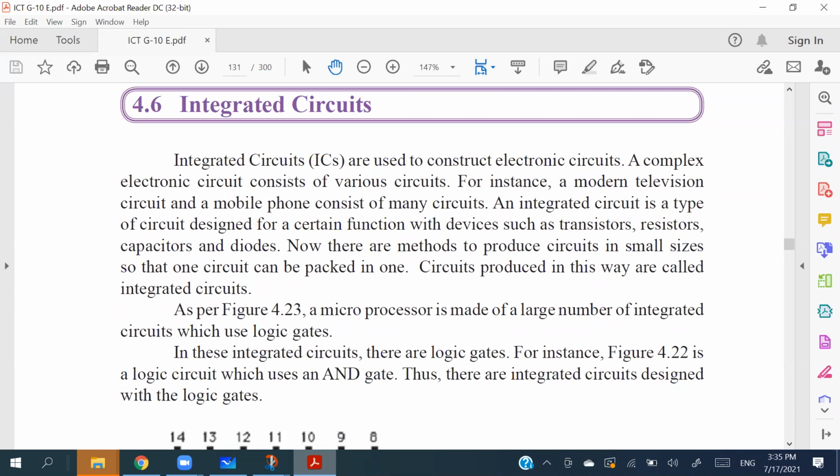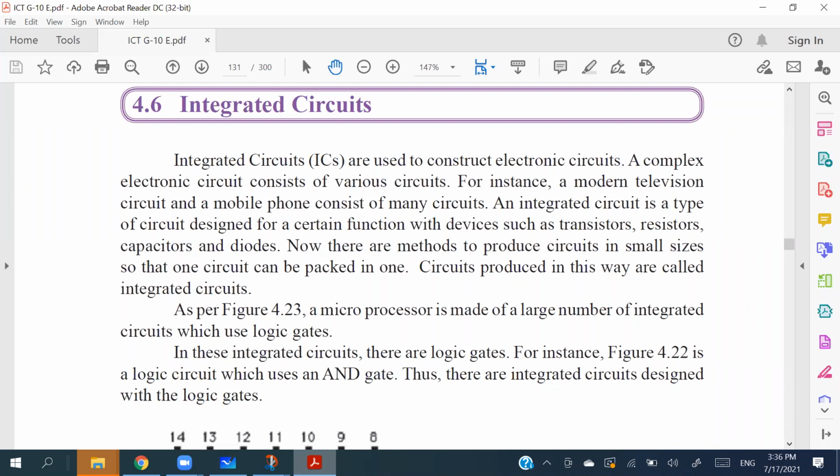Integrated circuits are one of the important elements when we are constructing electronic circuits. It's a little bit complex, but inside it consists of gates, right? If you think about modern electronic devices, including the computer, most of them have many different integrated circuits inside them, right?